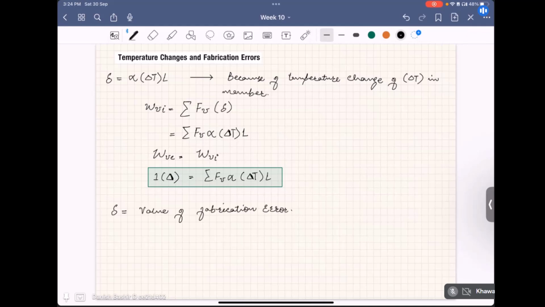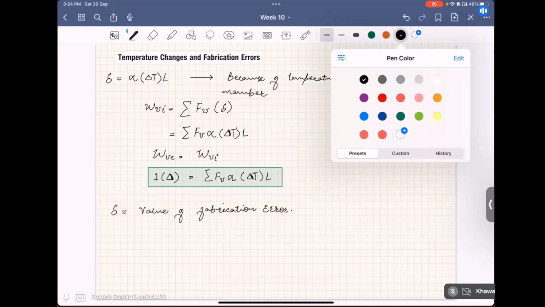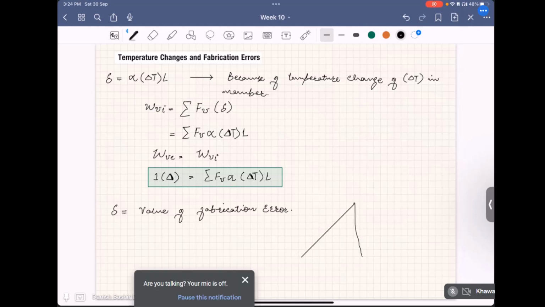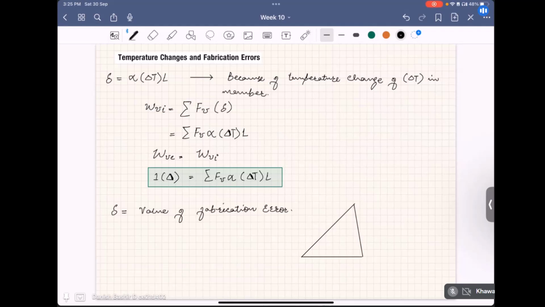So what I mean to say is like this. For example, we had truss members like this. We have one truss member like this, another truss member like this. Okay, so these are joined by this thing, and this is continued like this.